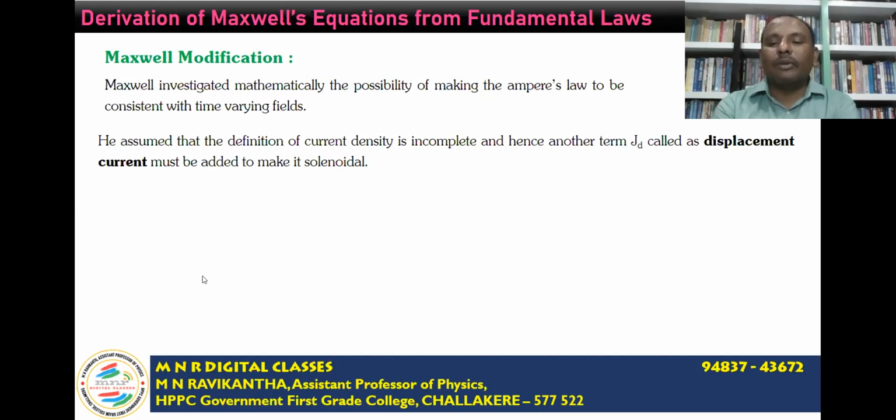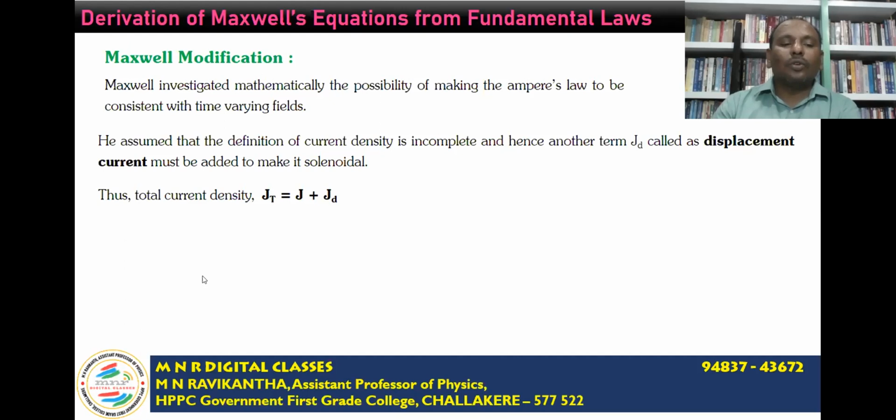With the help of that experiment, he introduced the term displacement current, and concluded that the definition of current density is incomplete. So another term, in addition to the conduction current term, called the displacement current density, is to be added to the current density so that it is solenoidal.